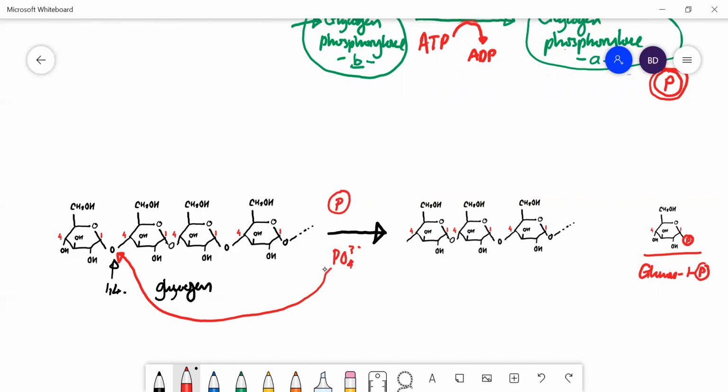And the glycogen molecule here is now one shorter, so I'll call that glycogen N-1.